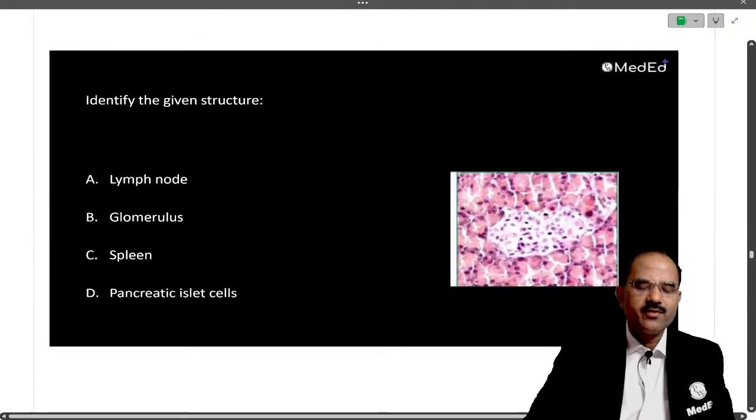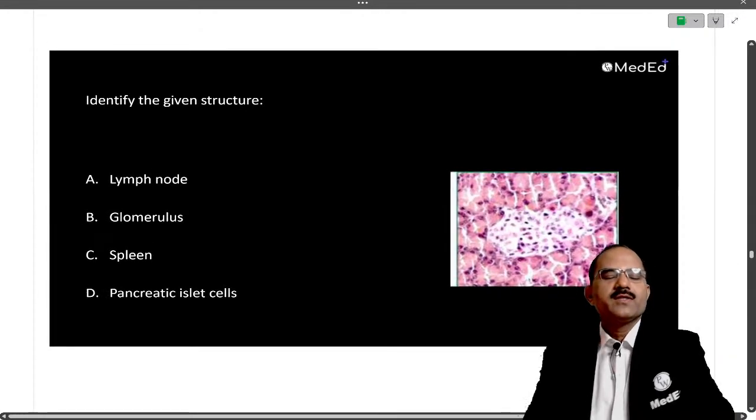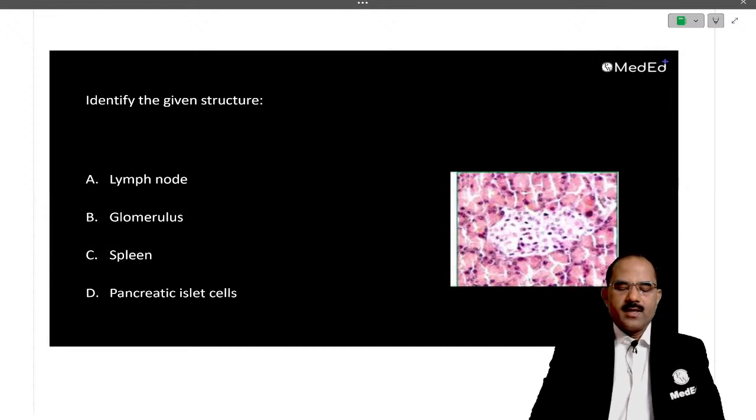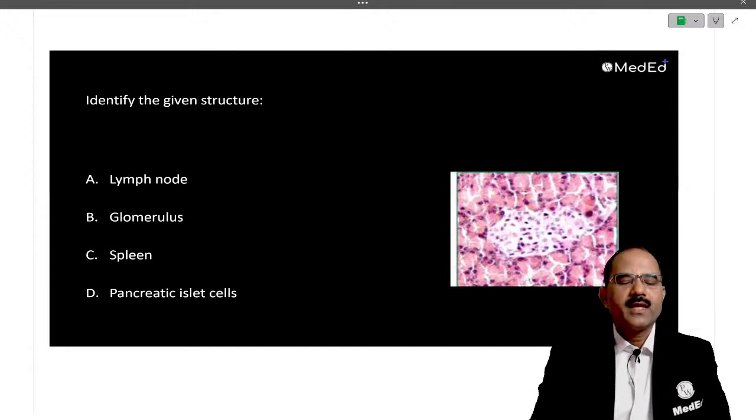Can you identify this? Identify the given structure. Any guesses?